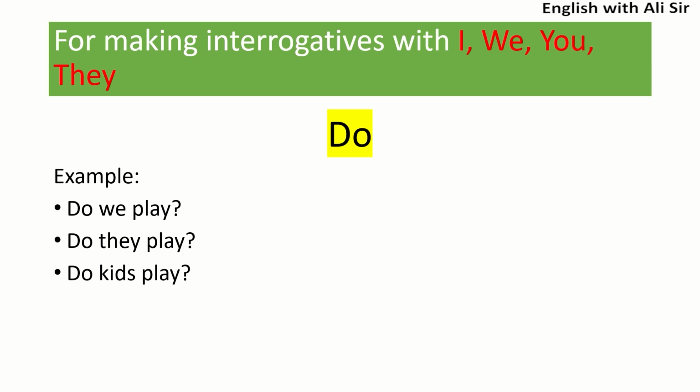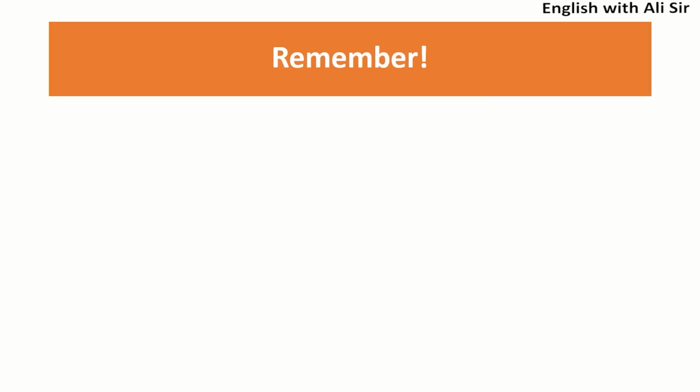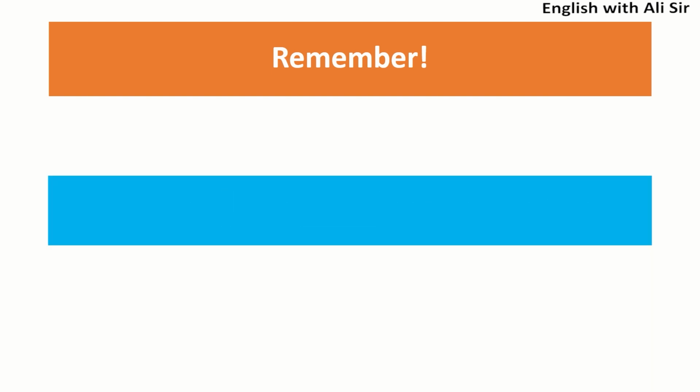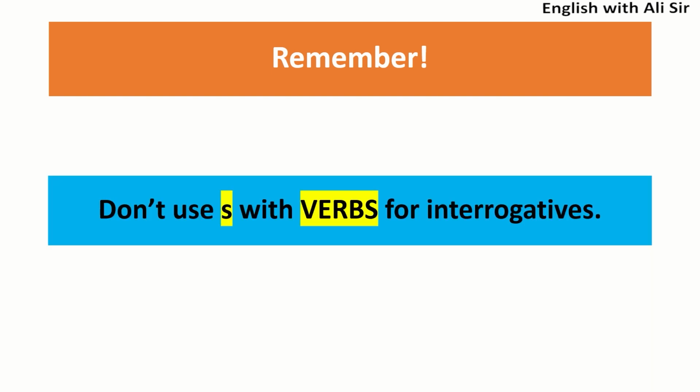A thing to remember here is that we don't add s when we go for interrogatives. That means while using does, you don't have to add s to the verbs. Similarly, while using do, we don't add s to the verbs.